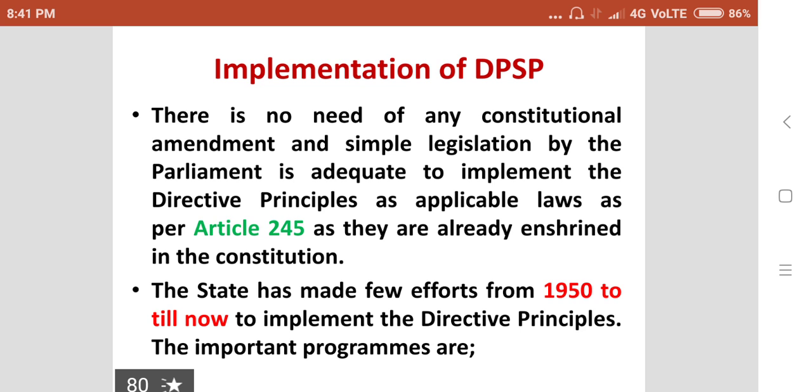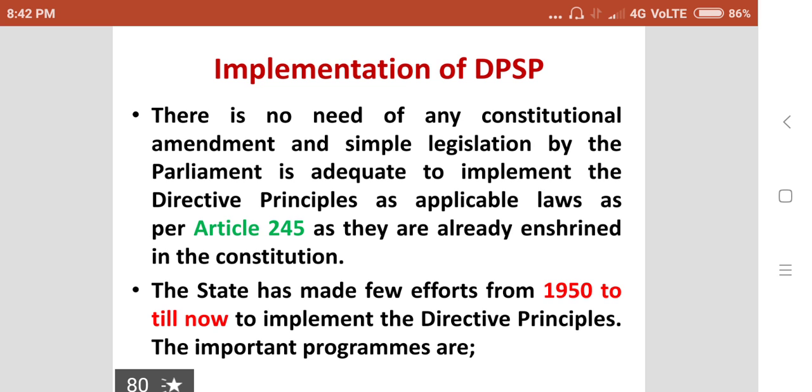There is no need of any constitutional amendment, and simple legislation is adequate to implement the directive principles as applicable laws as per Article 245, as they are already enshrined in the Constitution. The state has made a few efforts from 1950 till now to implement the directive principles.